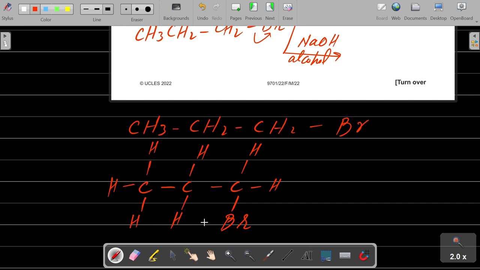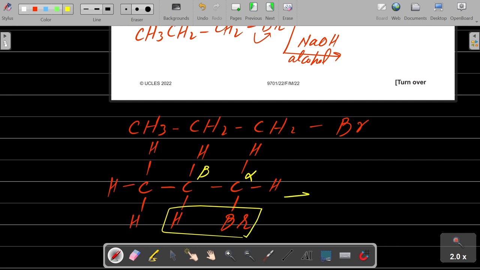Elimination reaction means atoms or groups of atoms are removed from adjacent carbons. You can see it is the alpha carbon because your functional group is attached, Br is your functional group, and the carbon which is directly connected with this carbon is known as the beta carbon. So what is the rule for elimination? The functional group will be removed from the alpha carbon and one of the hydrogens will be removed from this beta carbon. So it is removing from here, and you will get a double bond here.